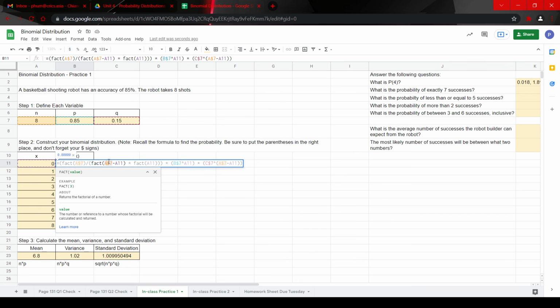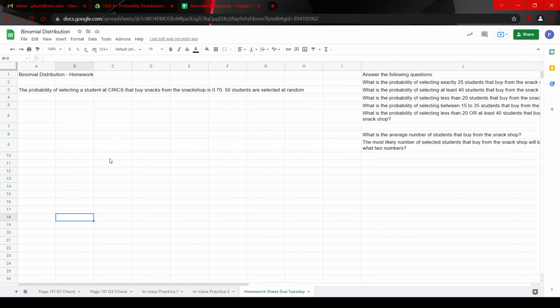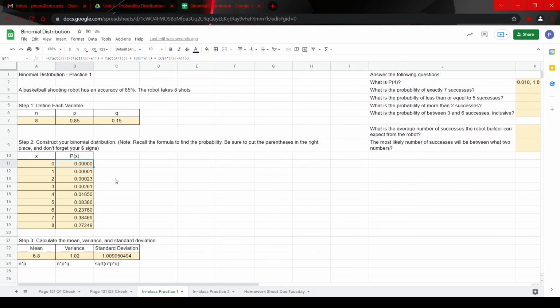Don't forget your dollar signs for N, P, and Q because you don't want those to move. As long as you're careful about your parentheses and your dollar signs, then this formula should be able to be used pretty quickly as a way to either calculate probabilities with a large N or just to check your work if you're doing it by hand.